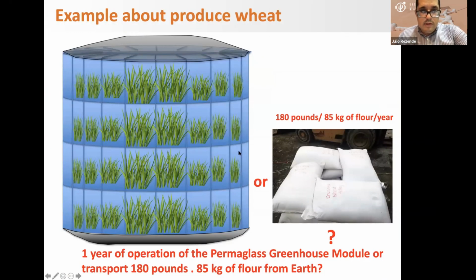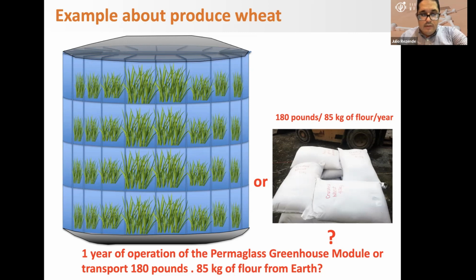Taking these 100 square meters to cultivate wheat, after our calculus and our database, the cultivation of wheat takes around 6 months for the wheat to be in a productive stage.